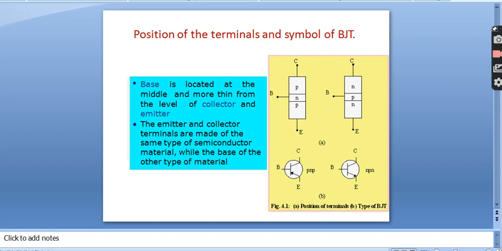Now let us go to the position of the terminals and the symbol of a BJT. Where are the P-type layers and N-type layers positioned? Look at the structure.